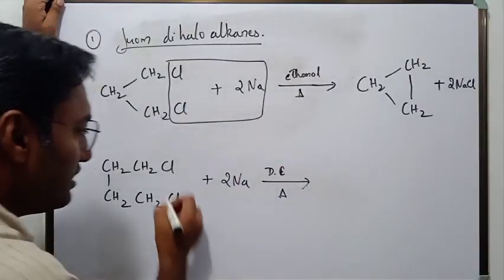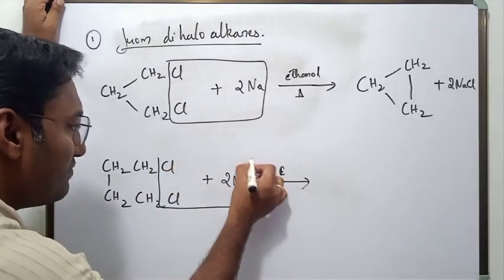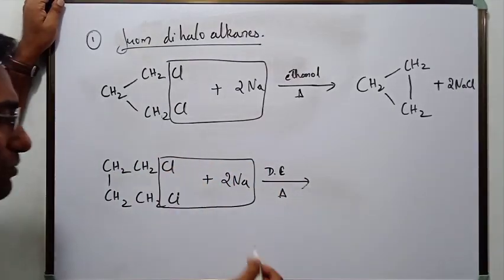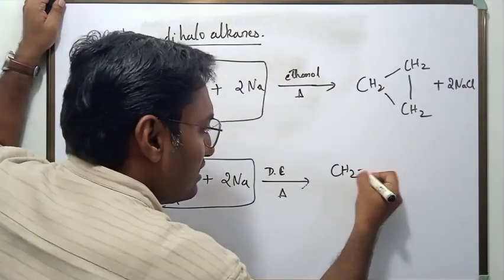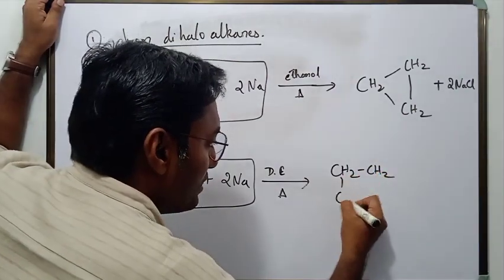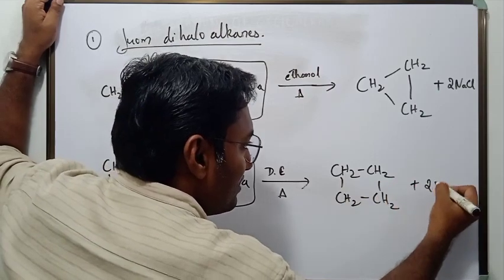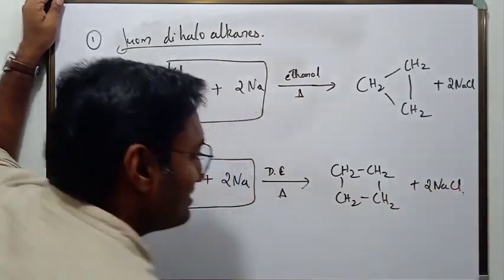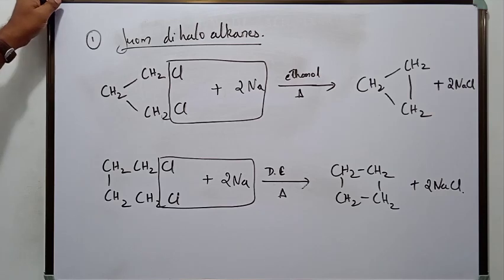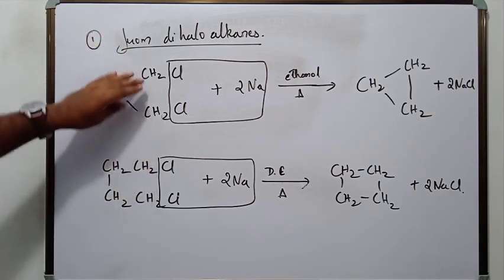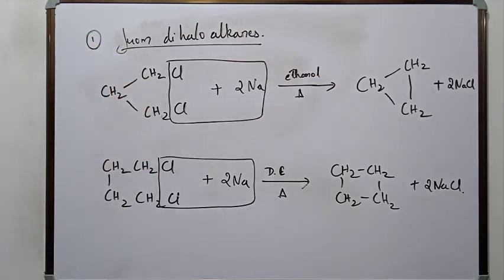Just heat it, take out these 2 chlorines and combine them with sodium and put a single bond here. You get cyclobutane. Isn't it simple? Yes. So this is the method of preparation for smaller cycloalkanes.